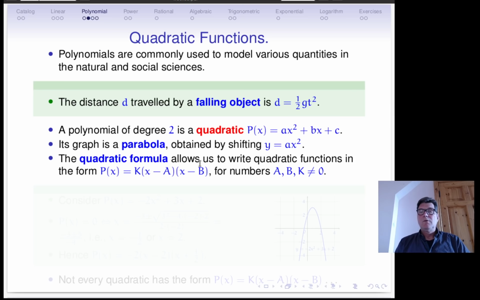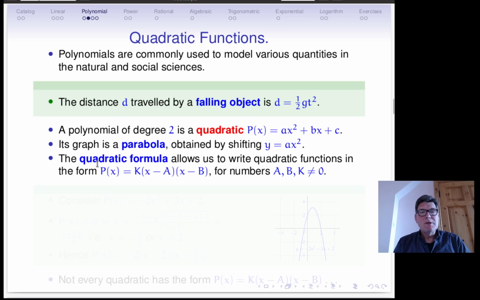If we found them, and let's say we call them capital A and capital B, then we can use the zeros of the quadratic to express the quadratic polynomial in factorized form as x minus A times x minus B times some constant k, which is needed to get the, which is your a here, is it?